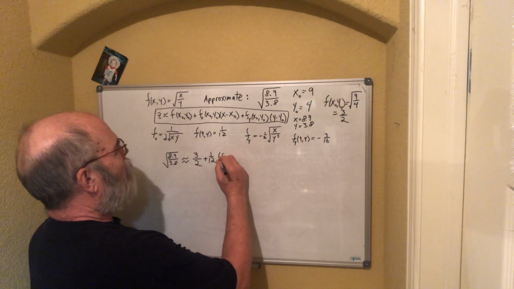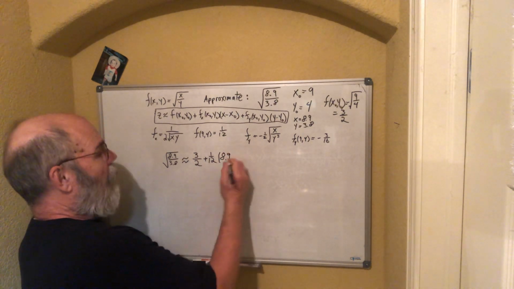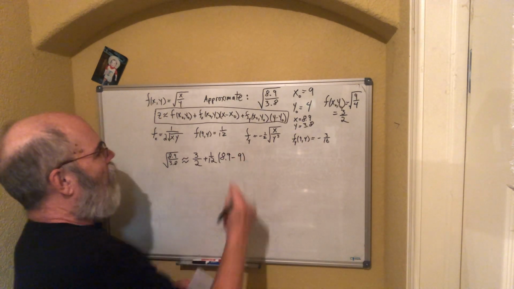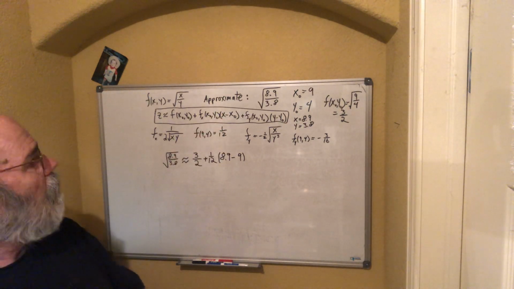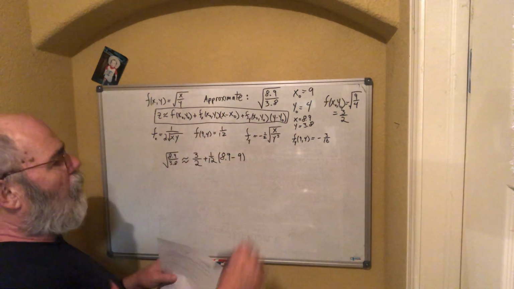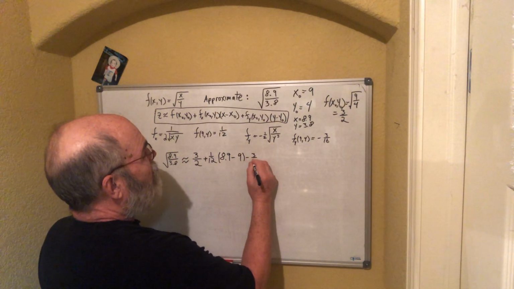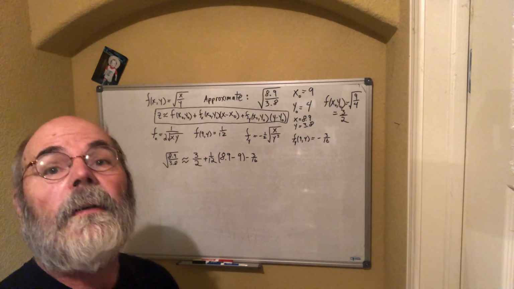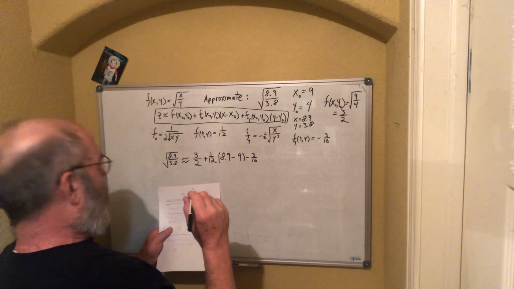Let me write it out so you can see the details. That would be x minus x naught. So there's that first term. Then we have this one. Now the slope there is negative 3/16. The signs are important. You have to be very careful to get the signs right. And we got that one there.